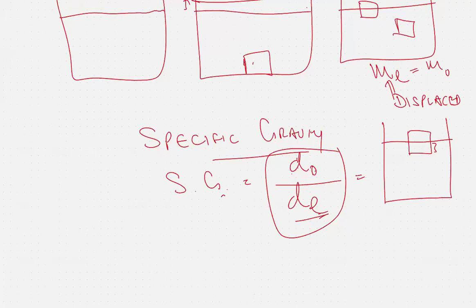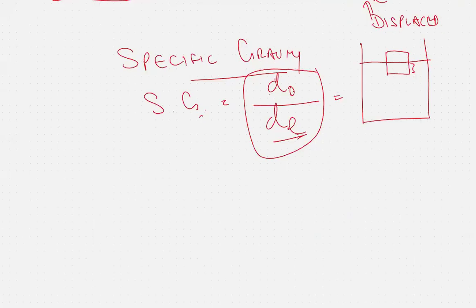If the specific gravity is more than 1, the ratio given is more than 1, which means the density of the object is higher than the density of the liquid or water.